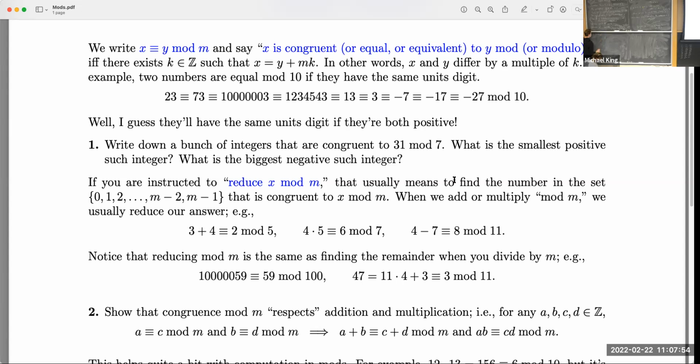Yeah, the definition's a little abstract, but mod 7 kind of means you can just add and subtract 7s to the number and it's considered equivalent.